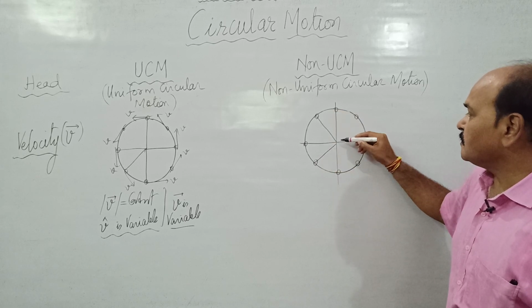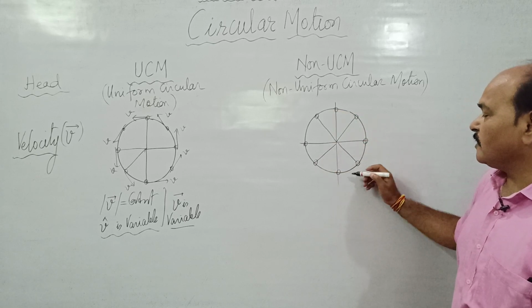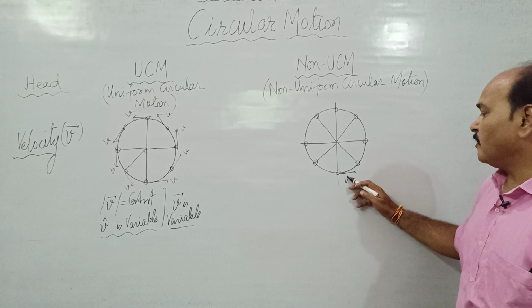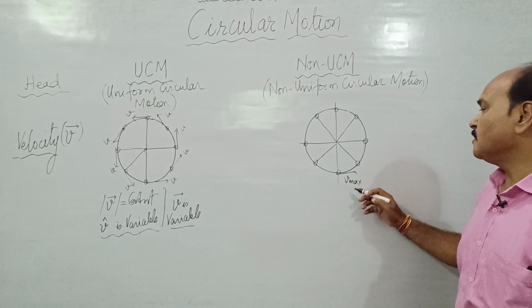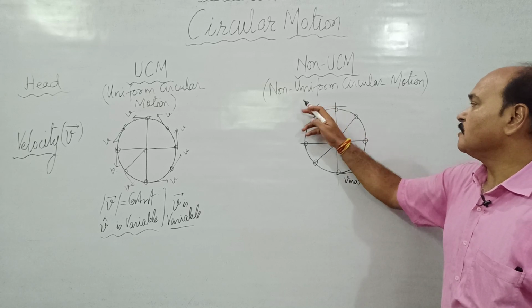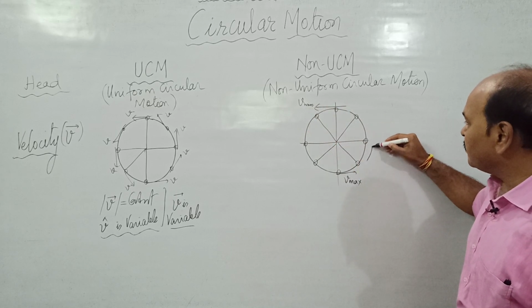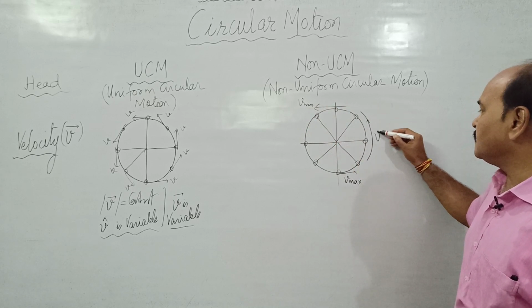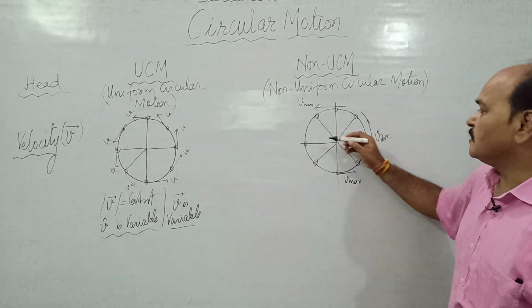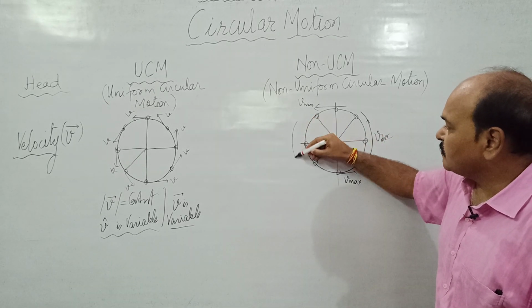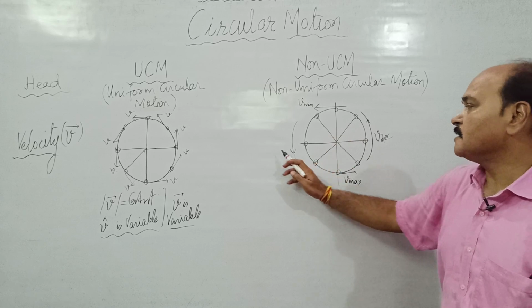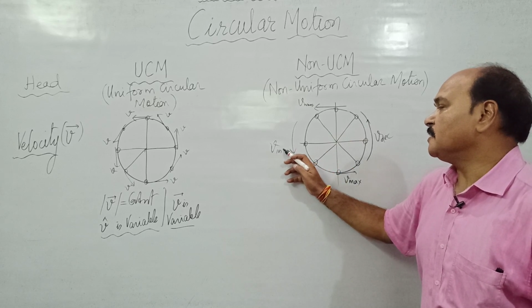As the object moves on a circular path in a vertical plane, here the velocity has maximum value, and here the velocity has minimum value. As the bob moves from here to here, the magnitude of velocity decreases, and as the bob moves like this, the value of the velocity increases.